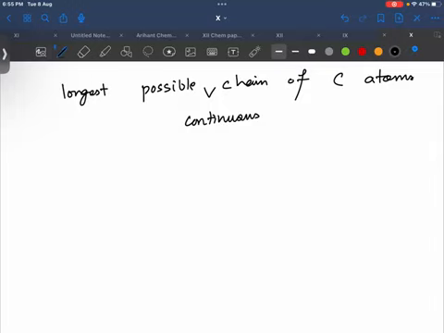Longest possible continuous chain of carbon atoms is known as the parent chain. ठीक है? This is the definition of parent chain.